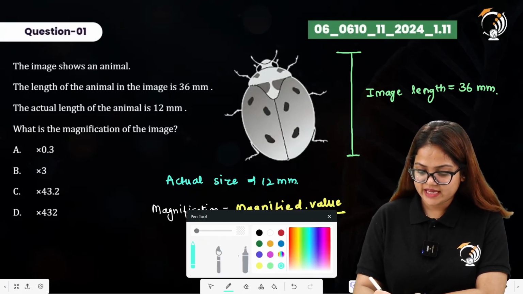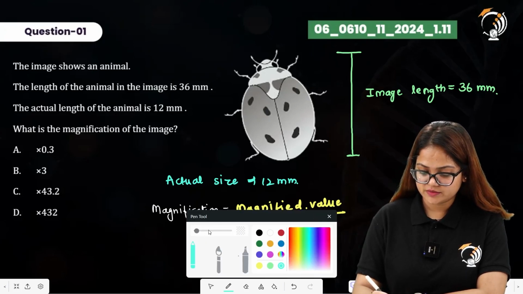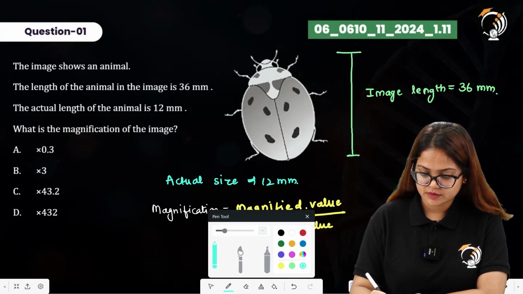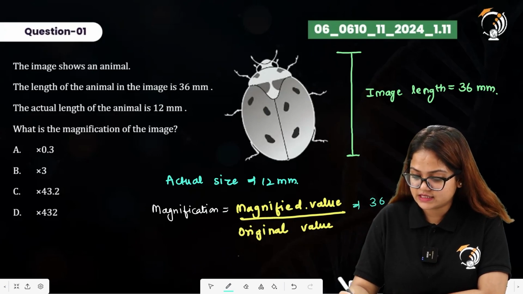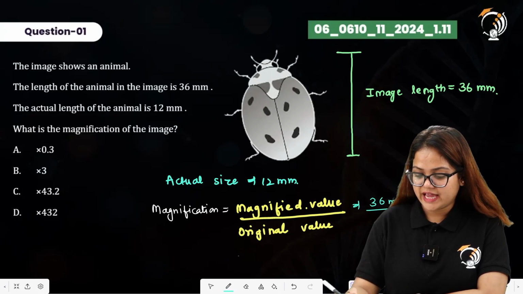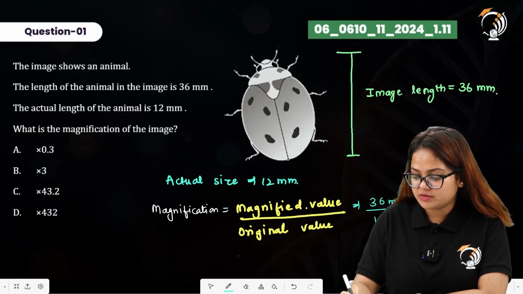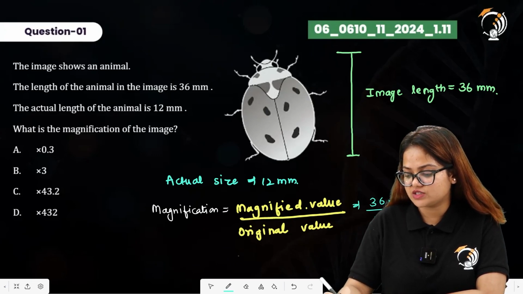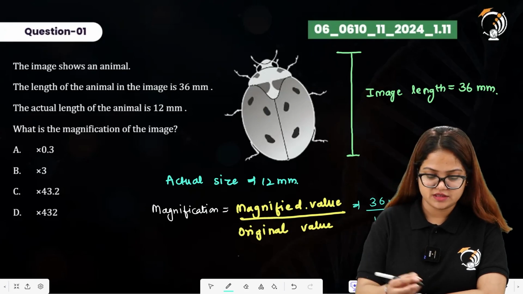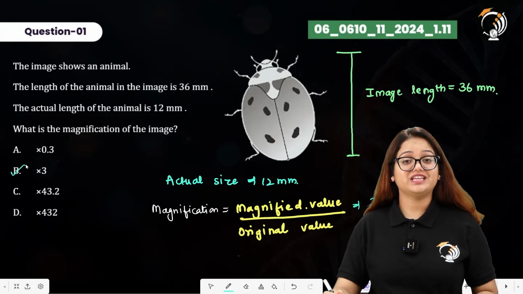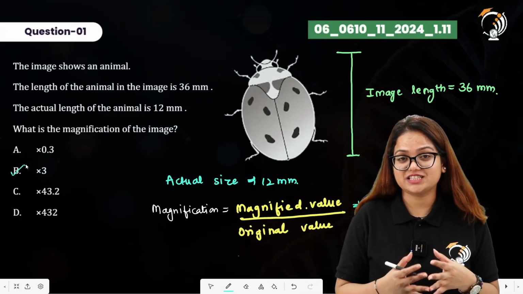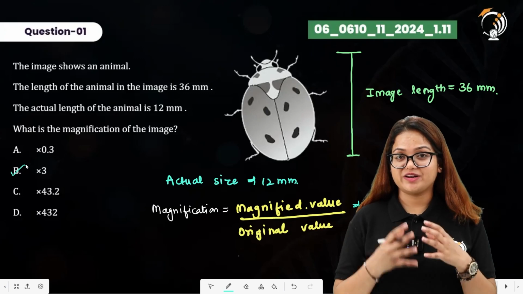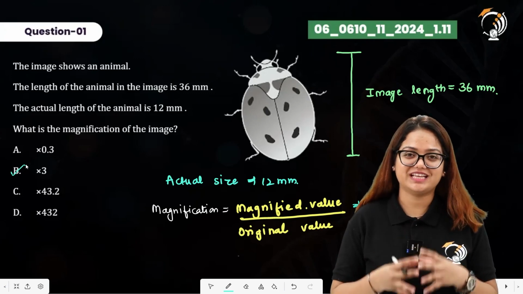What do we have as the magnified value here? It is 36 millimeter. We have the actual size as 12 millimeter, so we will directly get the magnification as 3 times. B option is right. These questions are taken from past year papers, so you can see how easy the questions have become after understanding the concept thoroughly through these sessions.